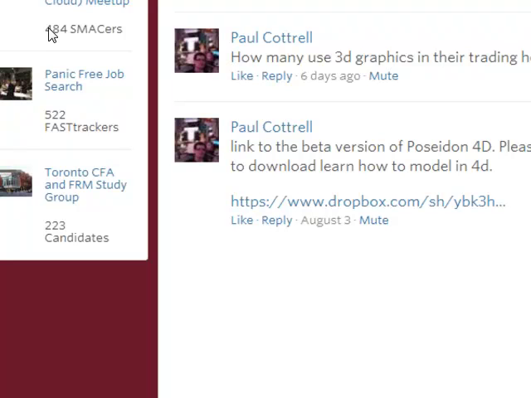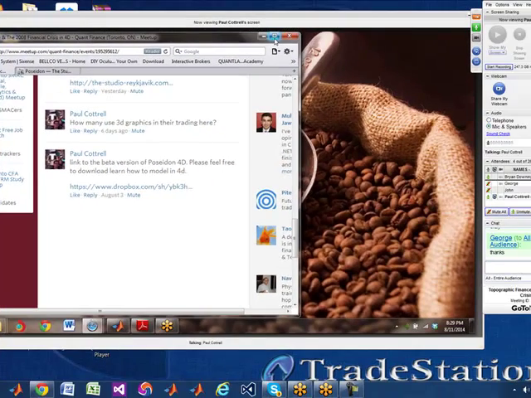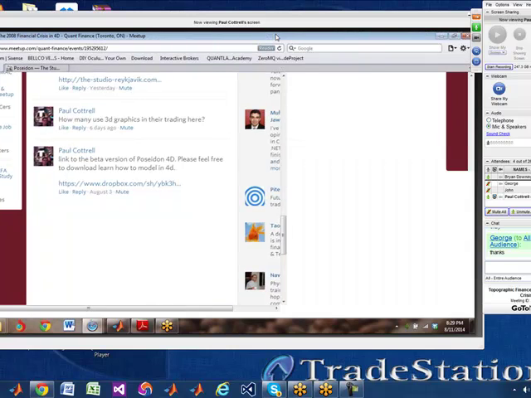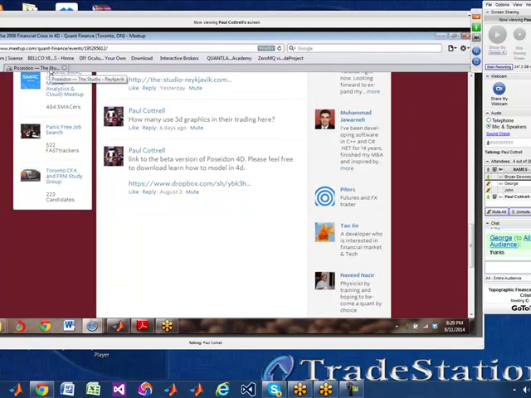So there are 3 versions out there. There's a 4D version, there's a 3D version, and then there's a light version for non-quants. So hopefully that helps. Yeah, I'm sure it does.